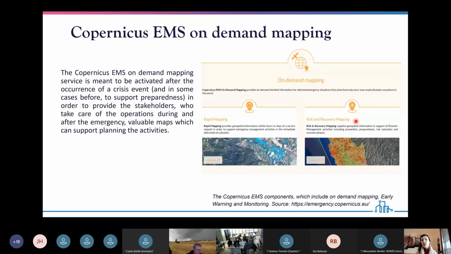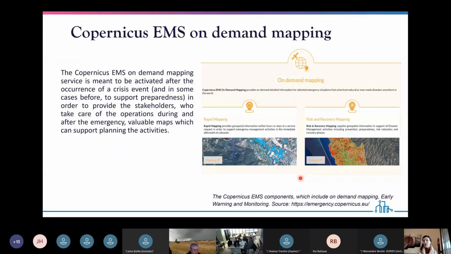Related to this, we have also risk and recovery mapping. I told you that the idea is that this service should provide support for all phases of the emergency. So also the following phase of the emergency, which is the recovery one, or the risk assessment, to see what could be affected by the disaster in case it occurred.